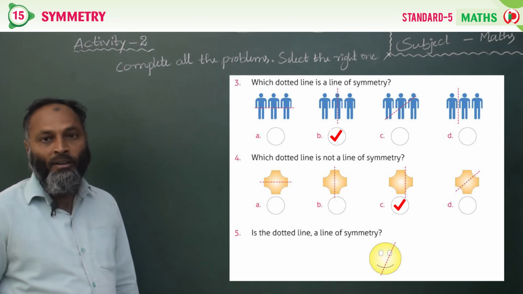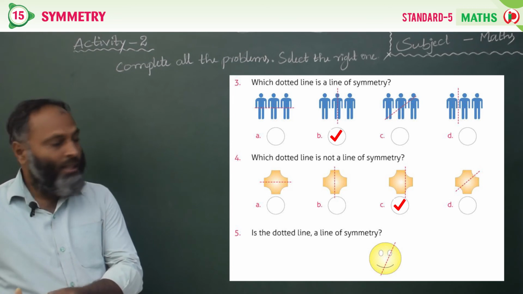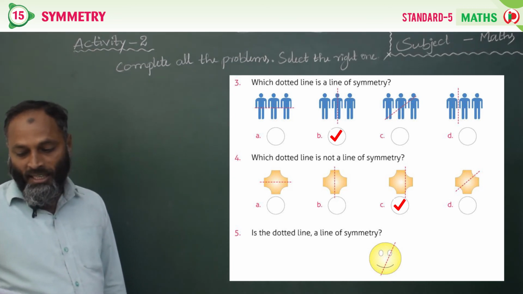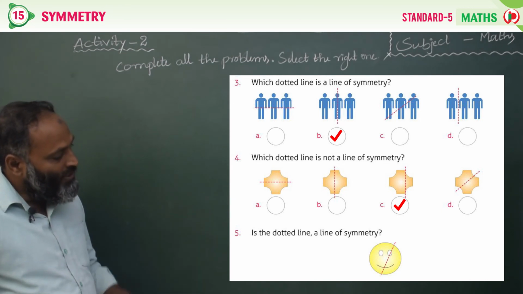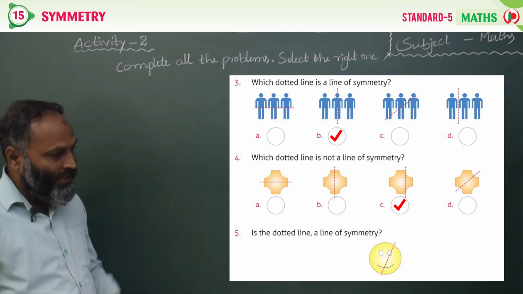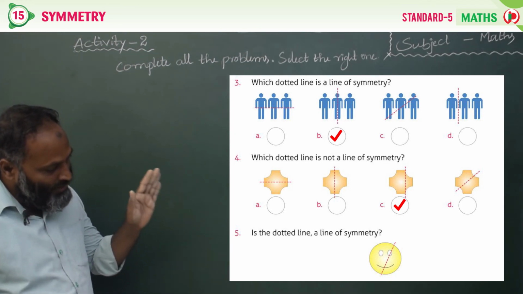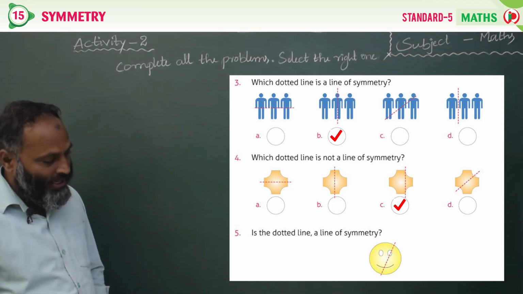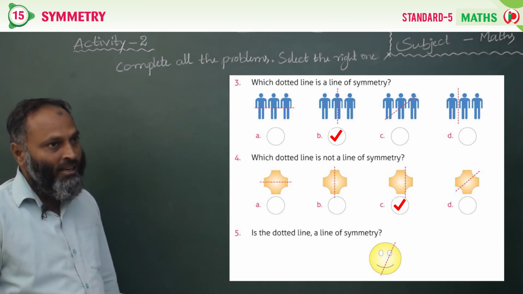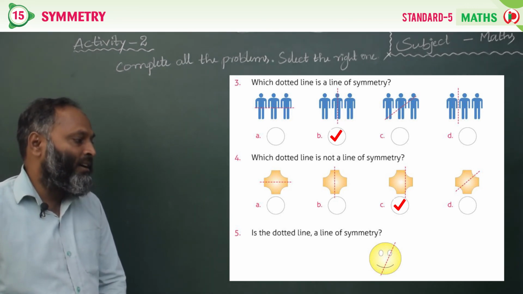So the third one is the right answer. Okay students, next, the fifth question. See what he is asking: is the dotted line a line of symmetry? Here, one smiling face is given and one slanting line is given. The upside and downside are not identical. If you take a vertical line, then that line is a line of symmetry.